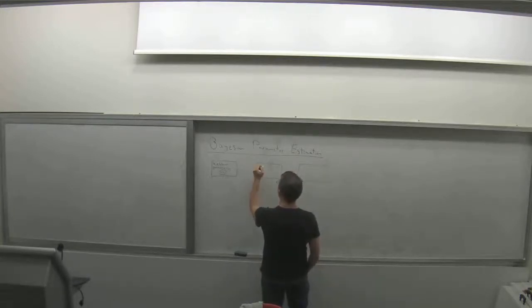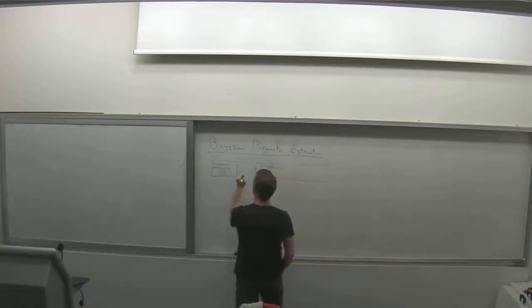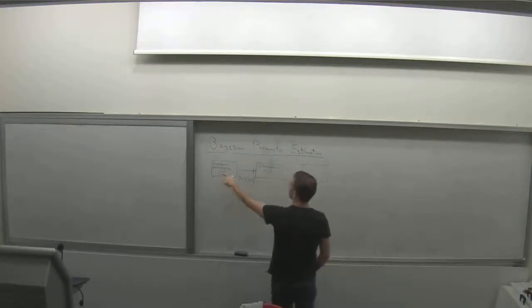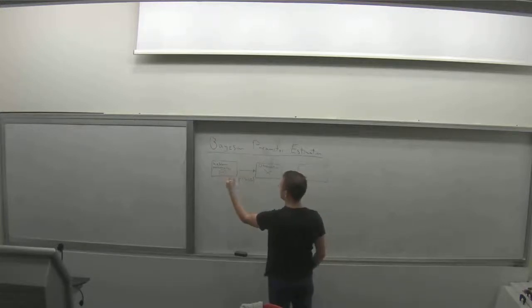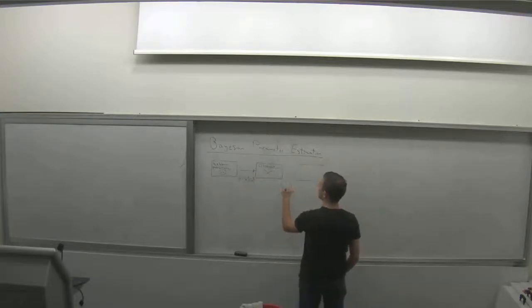Then there's the observation x, which is a random variable, generated by p of x given theta. So there's some value of theta that's chosen according to a prior. That's this lowercase theta, and then x is generated according to this distribution.